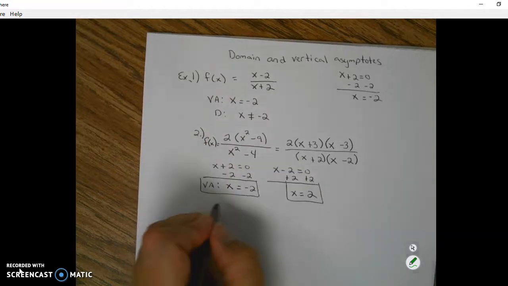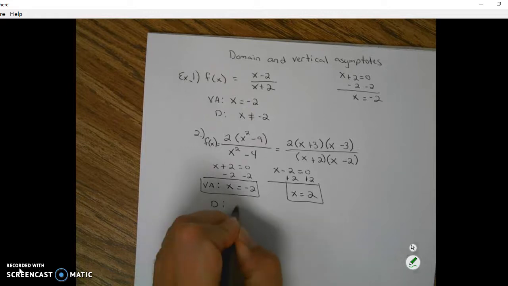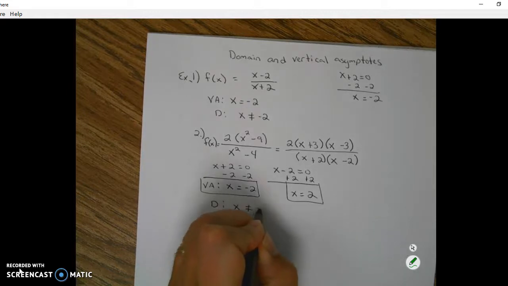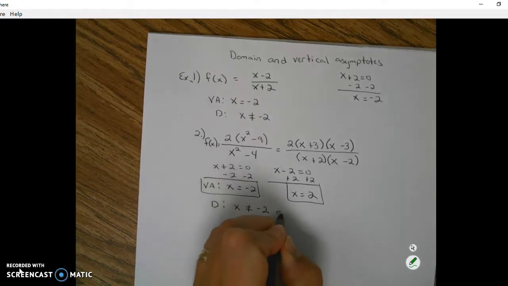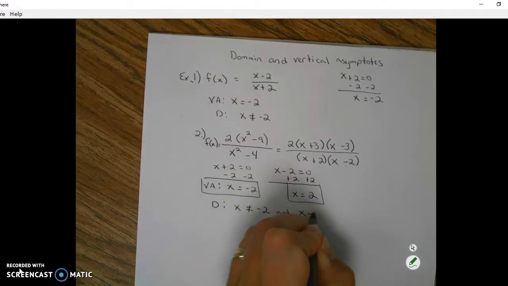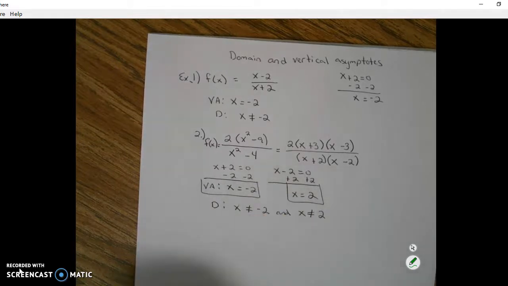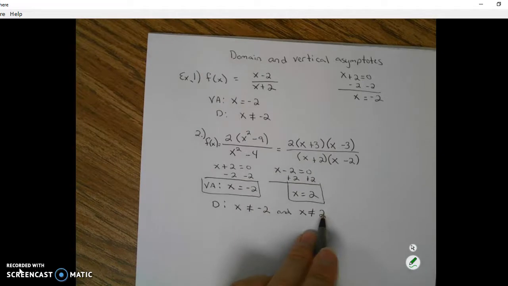Okay, and so for the domain, we would say that x does not equal -2 and x does not equal 2. So there's actually two places.